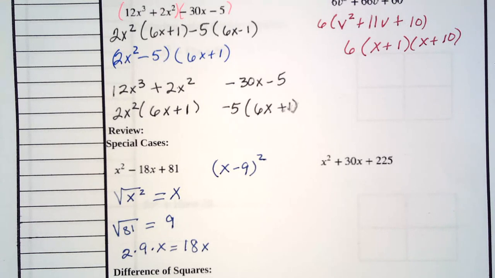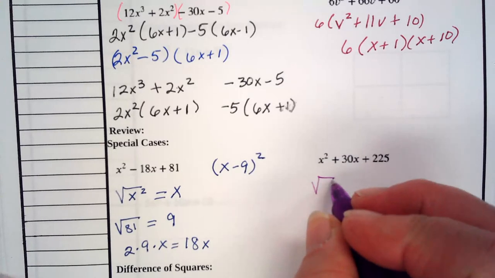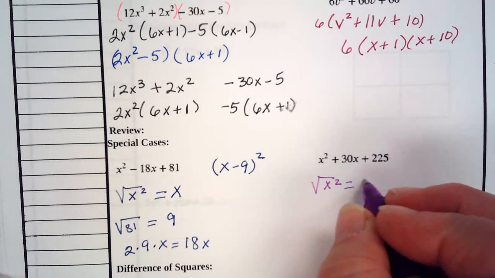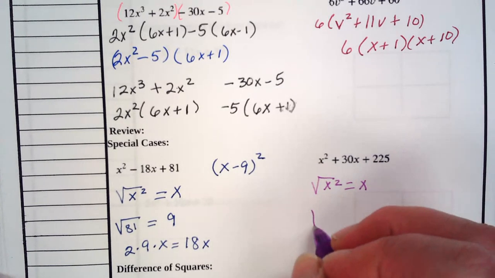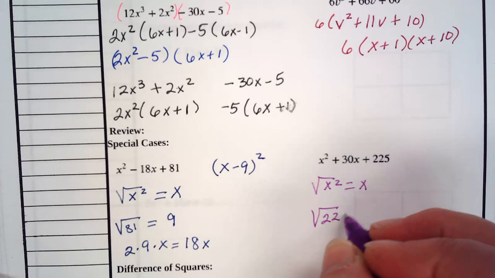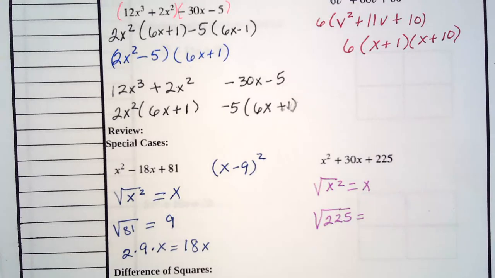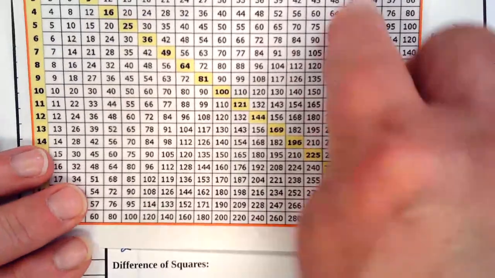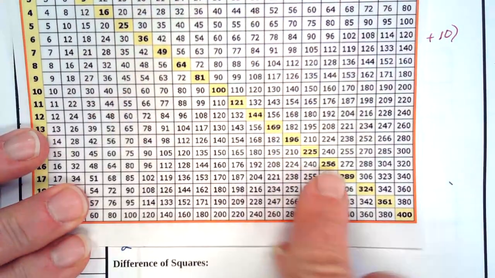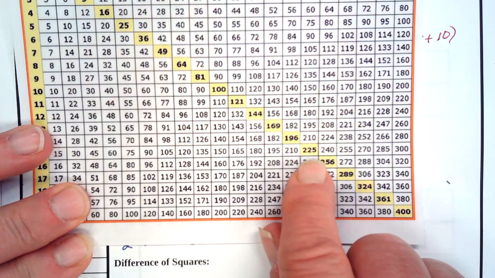So this is our special case, x minus 9 quantity squared. What about the next one? Is there anything I can factor out? No. Is the first term a perfect square? Yes. Is the last term a perfect square? If you're not sure about that, let's look at our chart. As I'm going down through it, I get to here and I see 225.